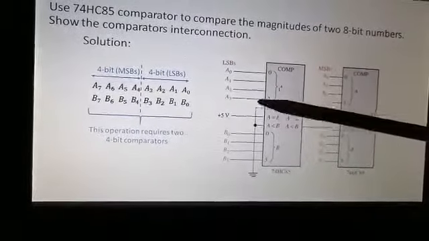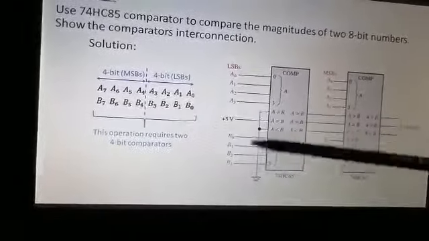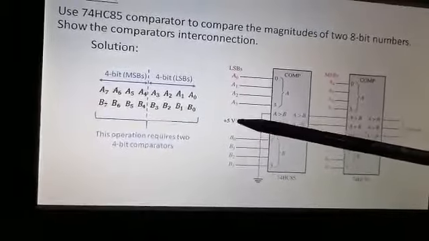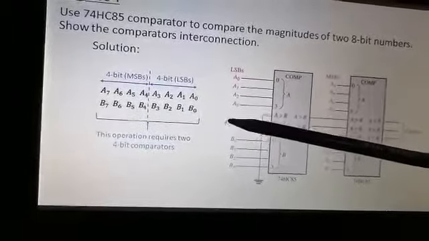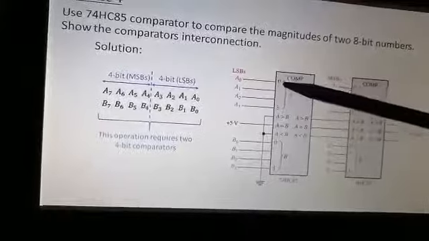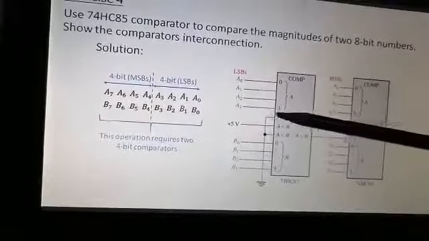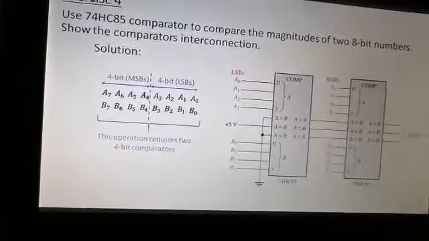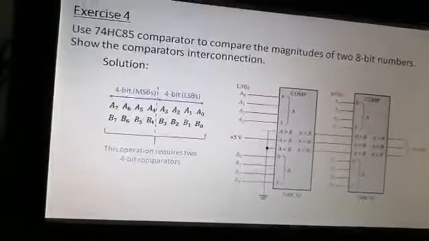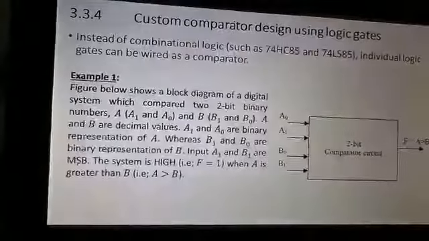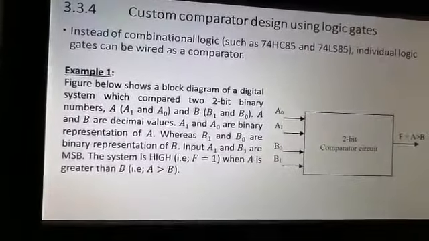This is the connection. This one will be positive to power up the comparator, so we give 5 volts here, and the rest will be grounded.